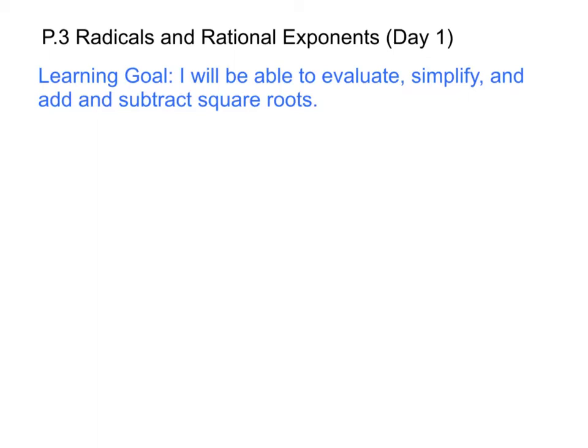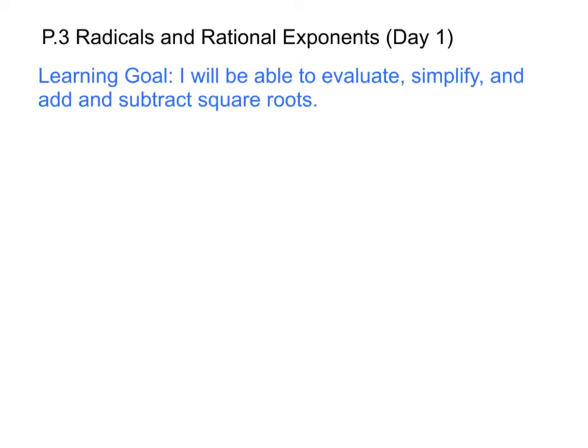So with this section, you're going to really need to know your perfect squares because that's going to come in handy. It's very good practice to make sure you go over all your perfect squares because you're going to have to simplify them.